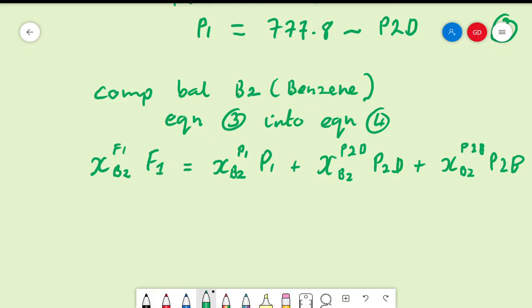Okay, so now automatically this will fall off because in P2B we do not have benzene.